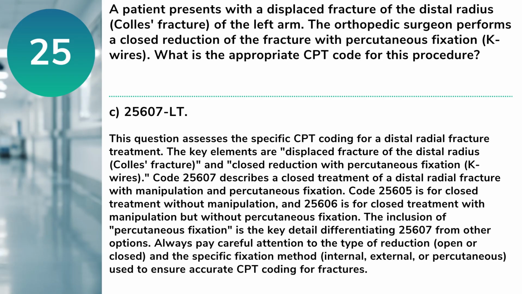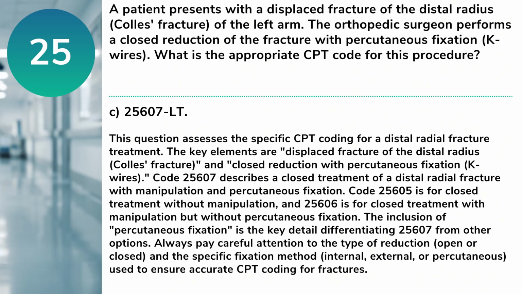Answer: C. 25607 LT. This question assesses the specific CPT coding for a distal radial fracture treatment. The key elements are displaced fracture of the distal radius, Colles' fracture, and closed reduction with percutaneous fixation, K-wires. Code 25607 describes a closed treatment of a distal radial fracture with manipulation and percutaneous fixation.